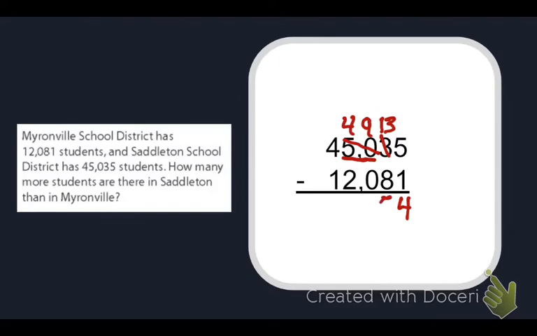I had to think about it. 5. 9 minus 0 is 9. 4 minus 2 is 2. And 4 minus 1 is 3. So my final answer for this problem was 32,954.